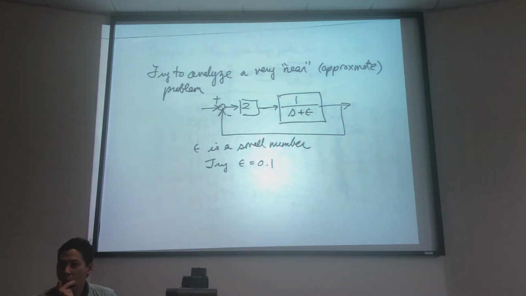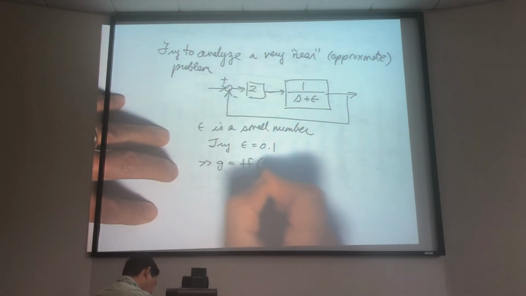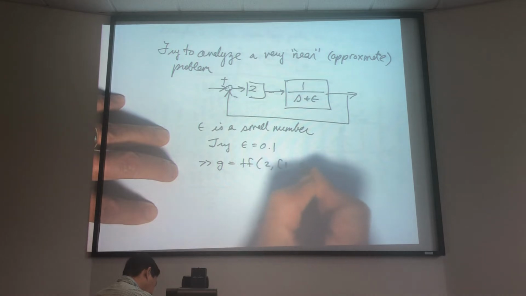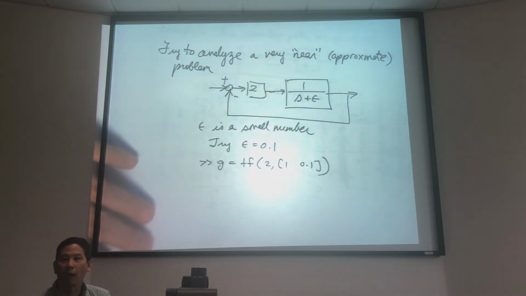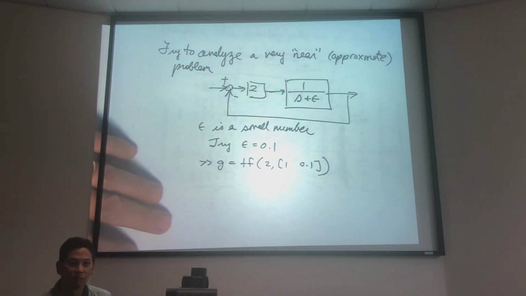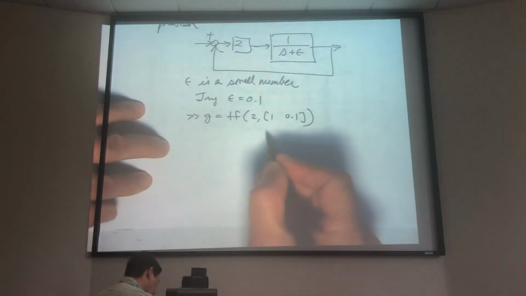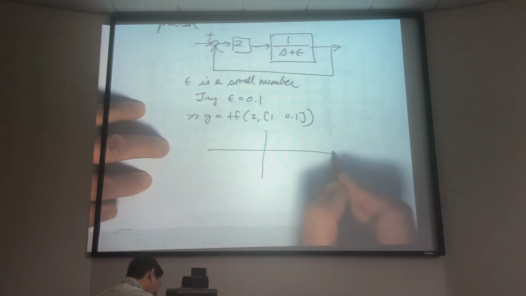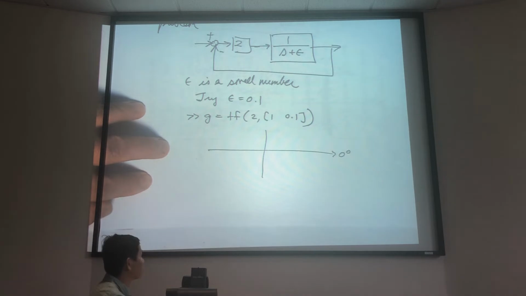Okay. So redo the problem. Now you're going to get, with 0.1, the Nyquist plot is going to look like this.